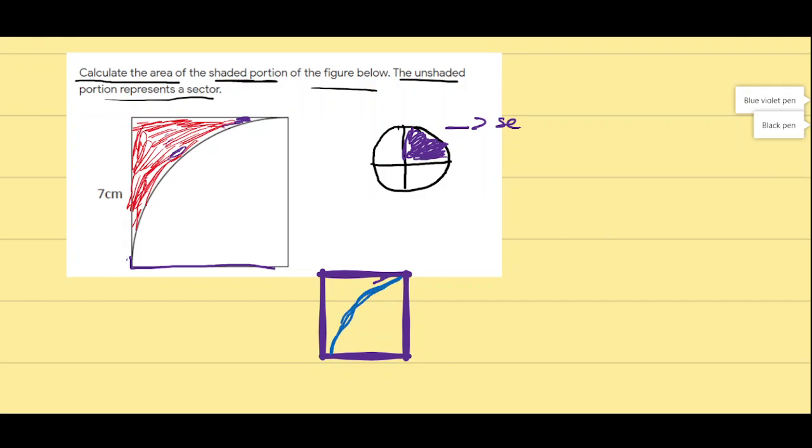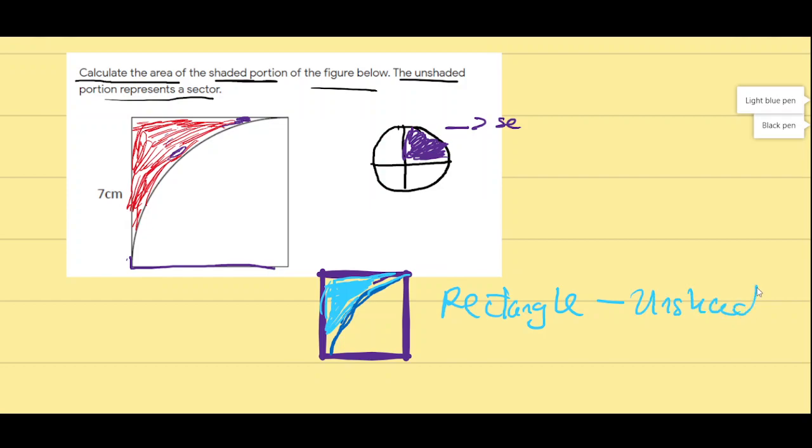Now assume that we try to shade this part. Let's say shade it in this color. So assume we try to shade this direction here now. If we want to know the area of this part we shaded, I can get the area of the rectangle, and then I'll subtract this part here that is unshaded.